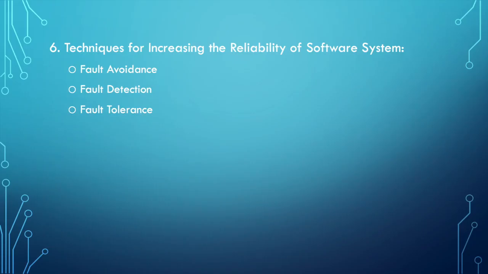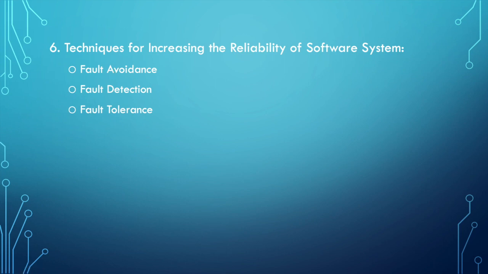Continuing our discussion of increasing the reliability of software systems, there are three techniques on how to improve the reliability of a software system. The first one is called fault avoidance.